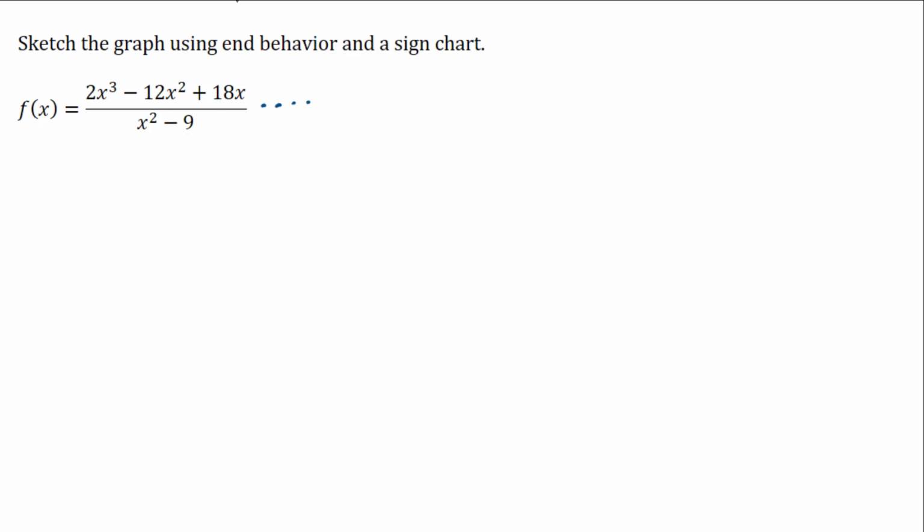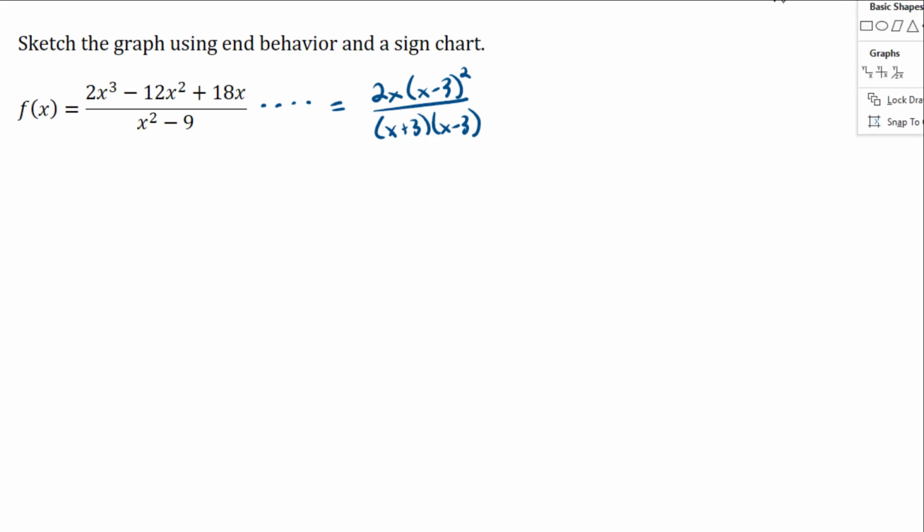I'll just say, if you do factor, you end up with, on top, 2x times x minus 3 squared over x plus 3 times x minus 3. Okay? And so now we have our zeros and critical values. Let's go ahead and make our sign chart.